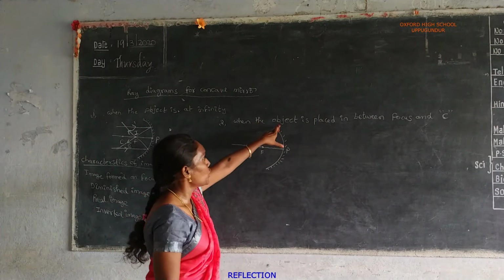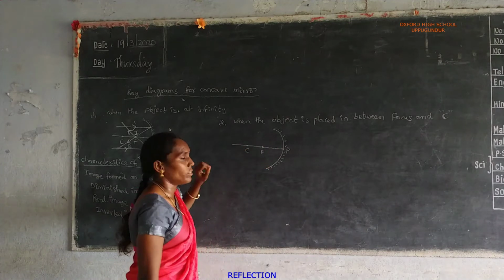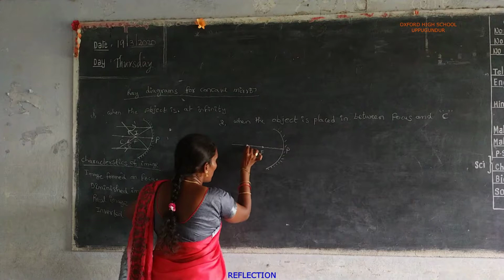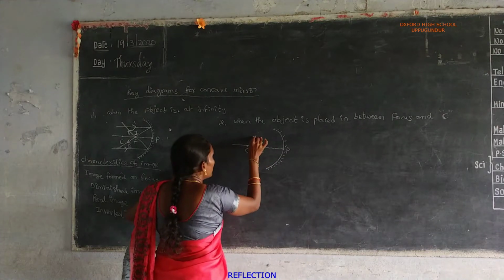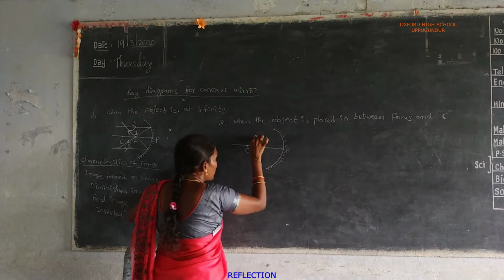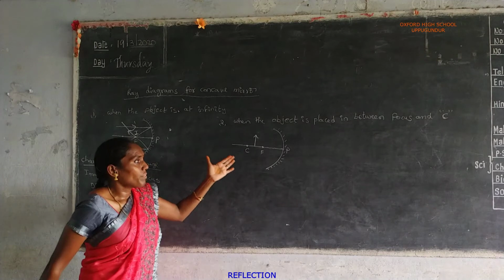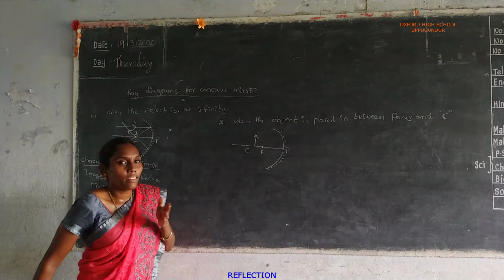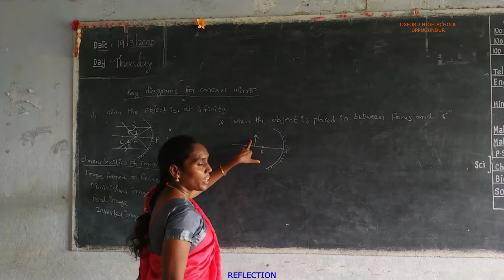The object should be placed in between focus and center of curvature. This indicates the object or source of light, which produces the light energy or light rays.